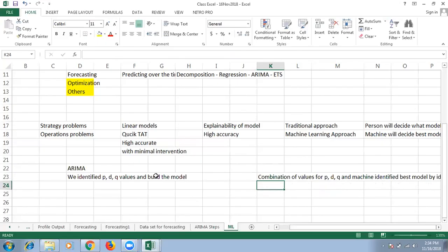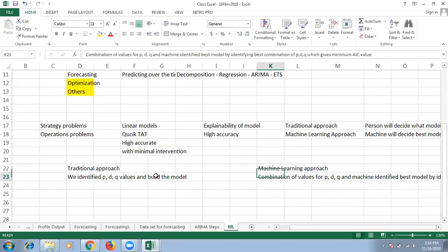Do you remember or not? So this is an example of a traditional approach versus a machine learning approach. Are you able to follow me?